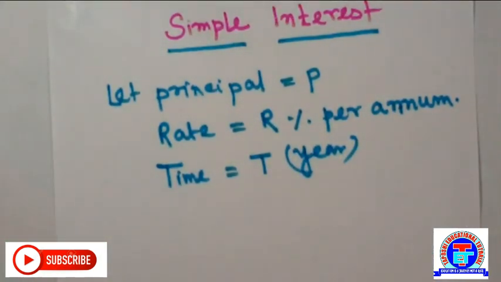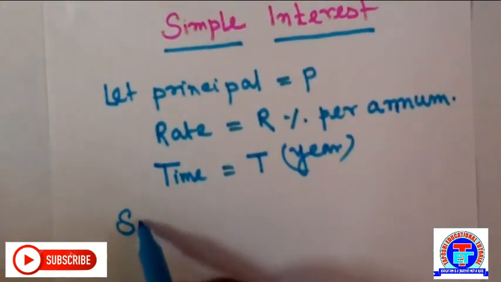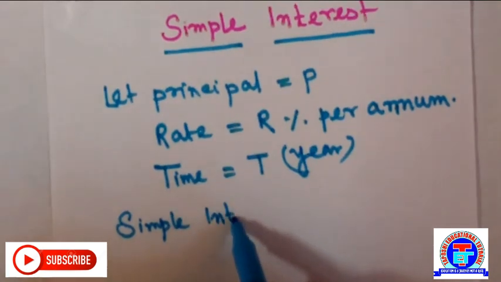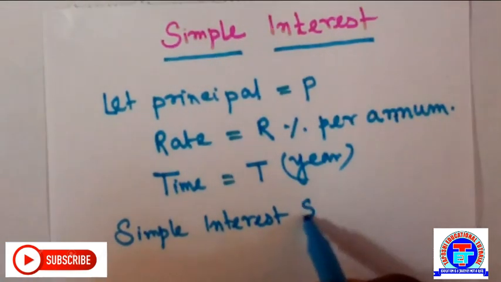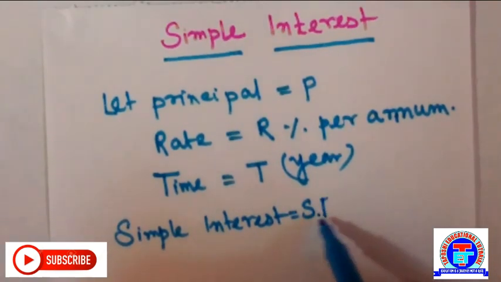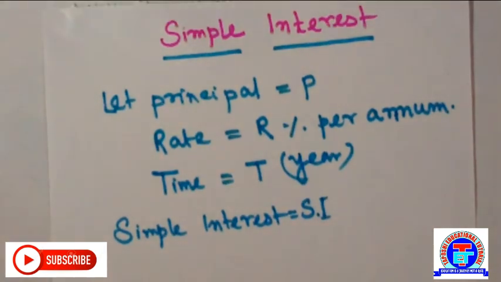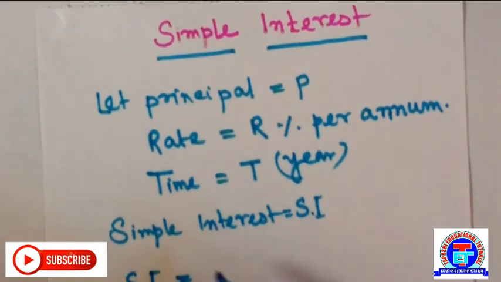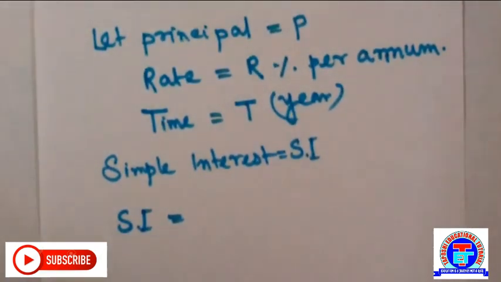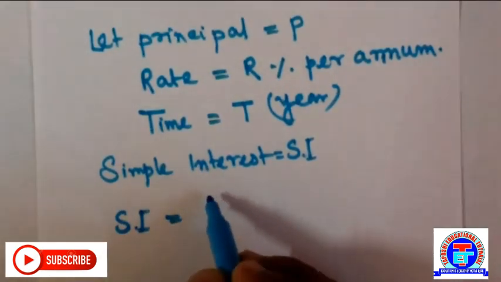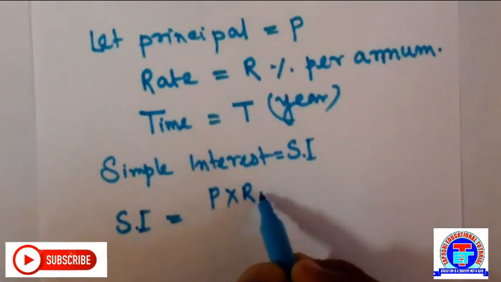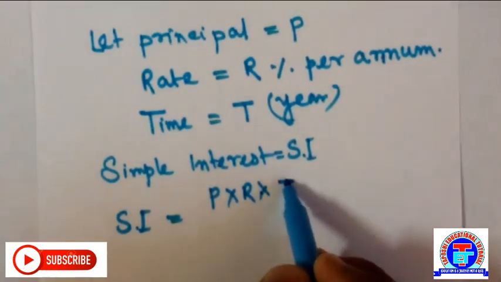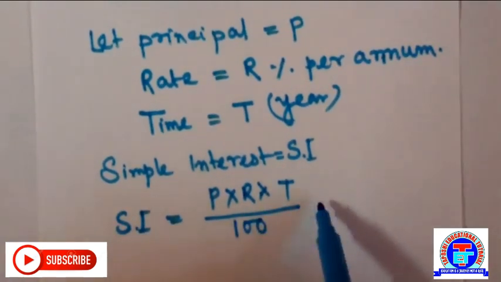Okay. And simple interest is I, right? So from this formula, here we write SI is equal to P into R into T by 100. Correct?